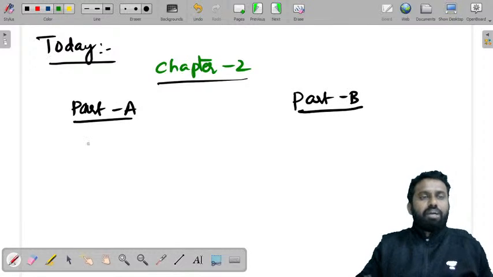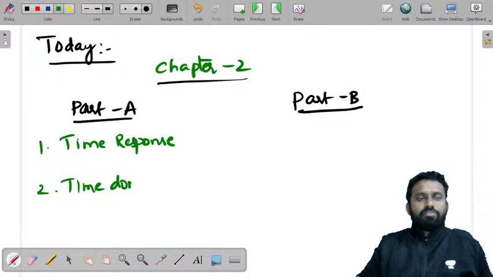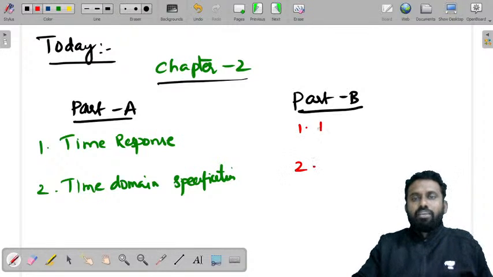So as a part of Part A, I will discuss time response of first and second order system, and we will discuss time domain specifications. Then in Part B, we will be looking at RH criteria and root locus.